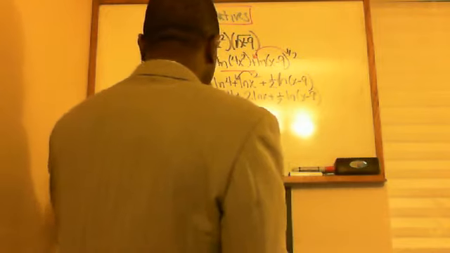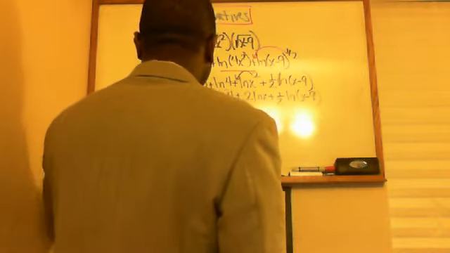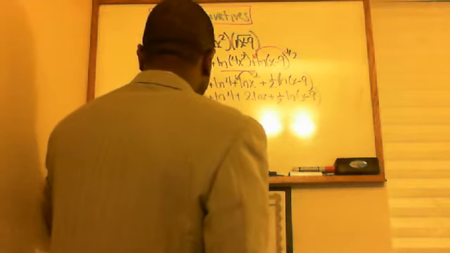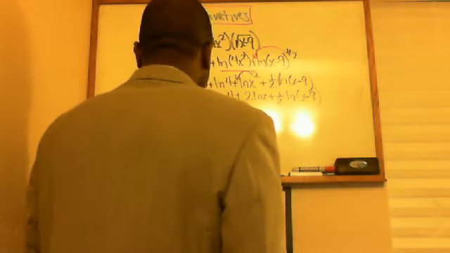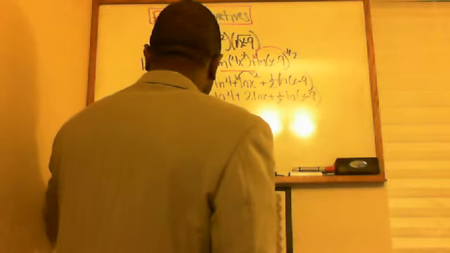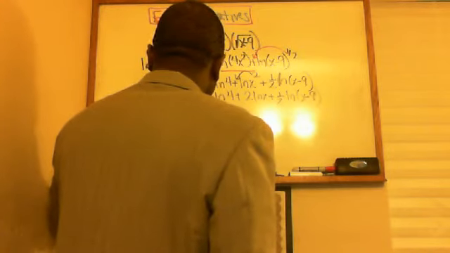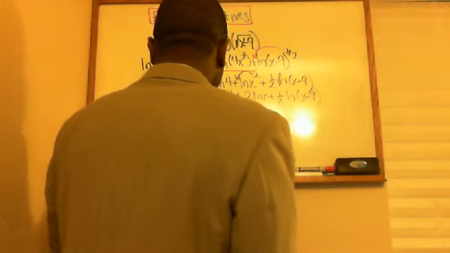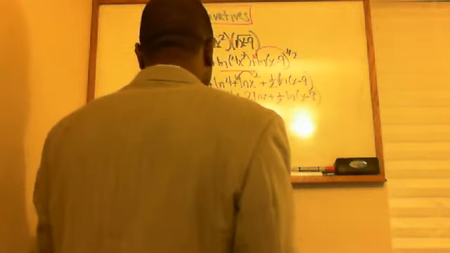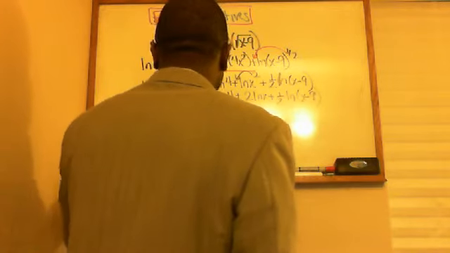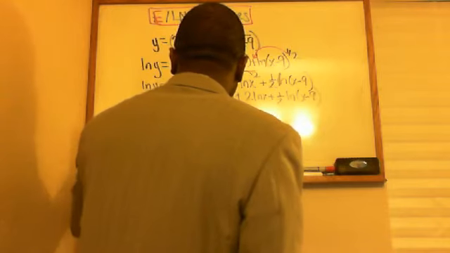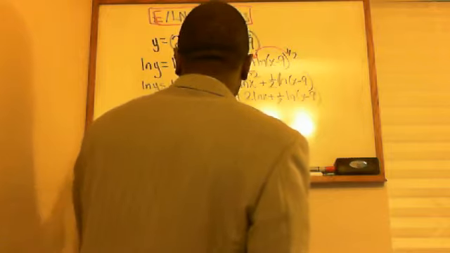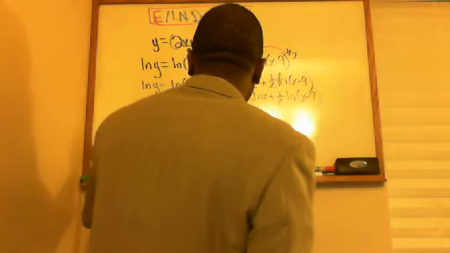Alright, so now the next step is to take the derivative. So the derivative of natural log of u, which is what this is basically now, is actually 1 over u du. So this derivative actually turns into 2 over 2x plus 1, because 1 over u is 1 over 2x plus 1, and du is actually 2 right here.